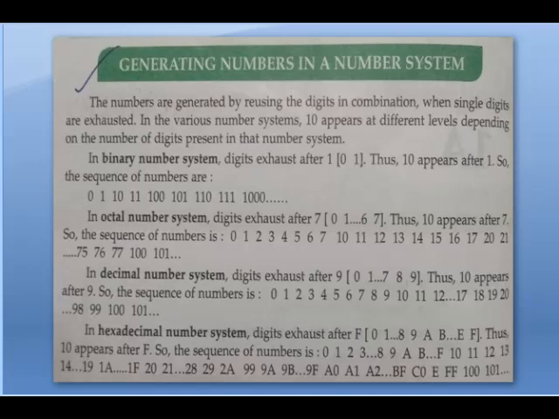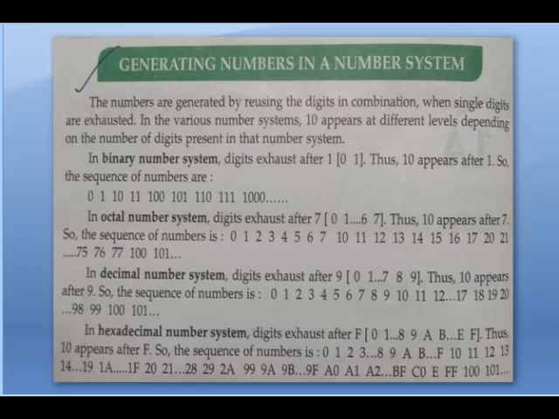Then 11, 12, 13, 14, 15, 16, 17. We cannot use 8 and 9, so 18 and 19 we can't use. The next numbers are 20, 21. Like this it will go. This is how the octal number system generates numbers.